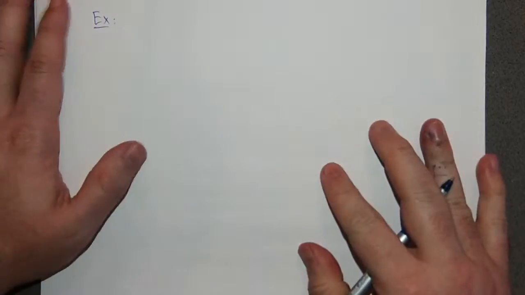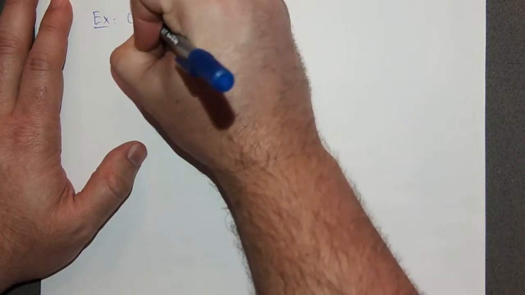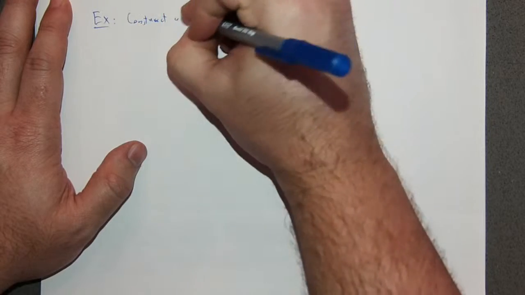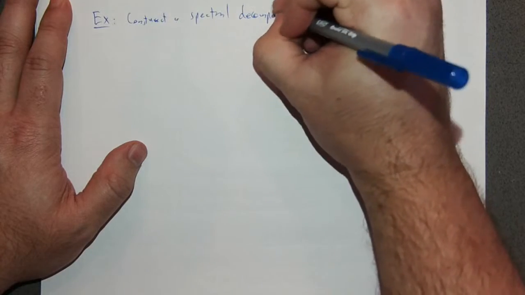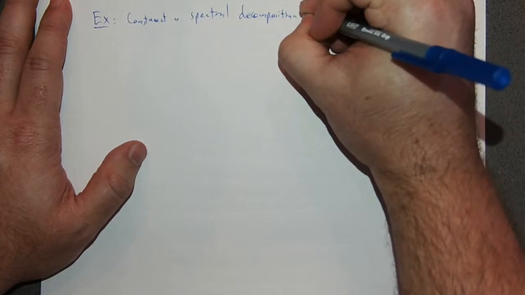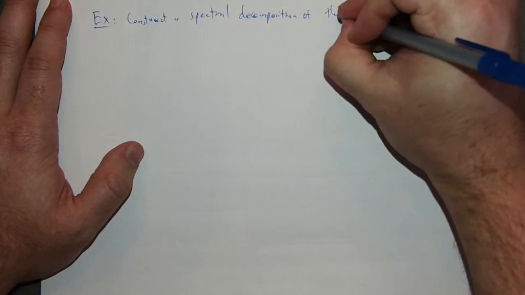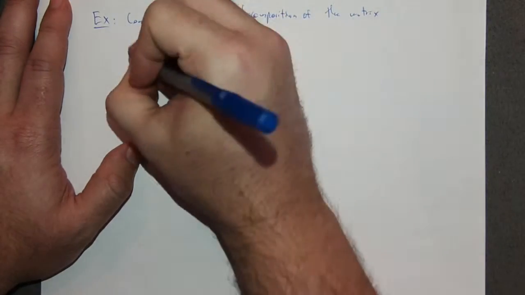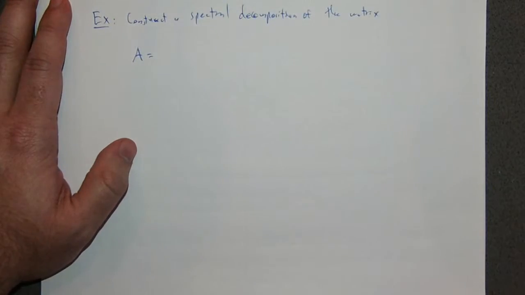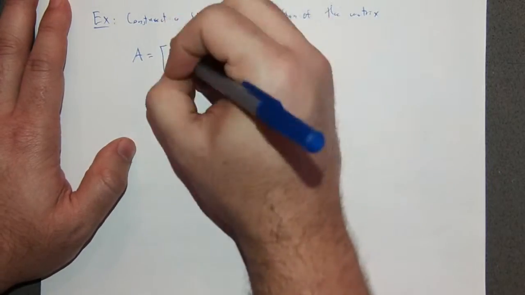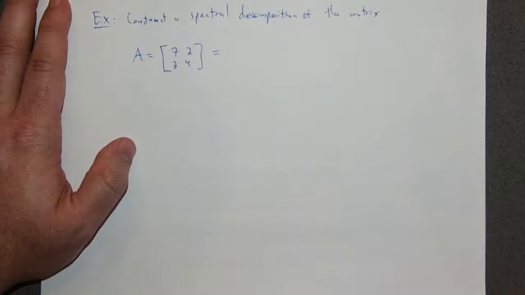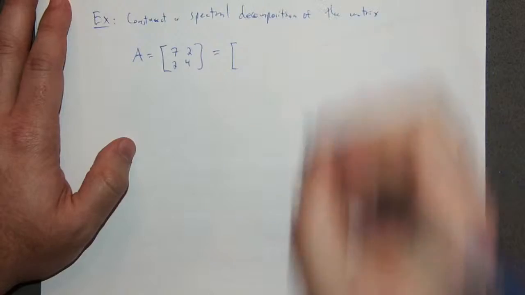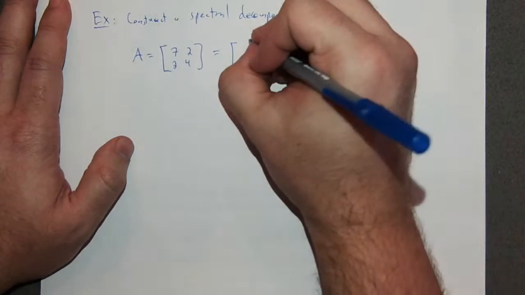Here's an example. Construct a spectral decomposition of the matrix A, where you're actually given its diagonalization. The matrix is 7, 2, 2, 4, and we're given its orthogonal diagonalization. So when you're watching this in the future, don't think that I've already computed something here.